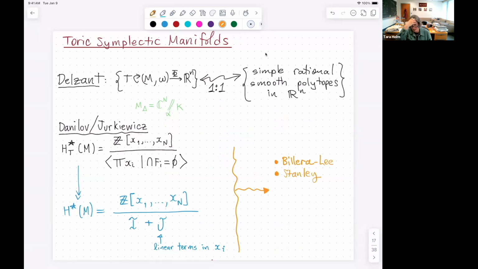I said that this shows up in the algebraic geometric literature and in combinatorial literature. Some of where this has been used historically: Bayer and Lee, and then Stanley, used this description of the cohomology ring to say some things about this ring, knowing that it's the cohomology of a complex projective variety. Stanley proved that these face rings have nice combinatorial properties.